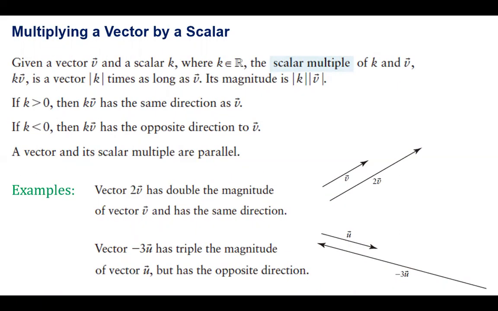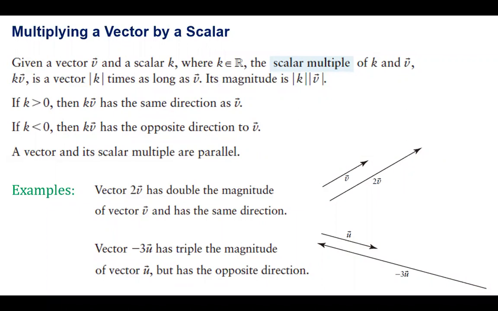Its magnitude is the absolute value of k times the magnitude of vector v. If k is greater than 0, then kv has the same direction as v. If k is less than 0, then kv has the opposite direction to vector v. A vector and its scalar multiple are parallel.